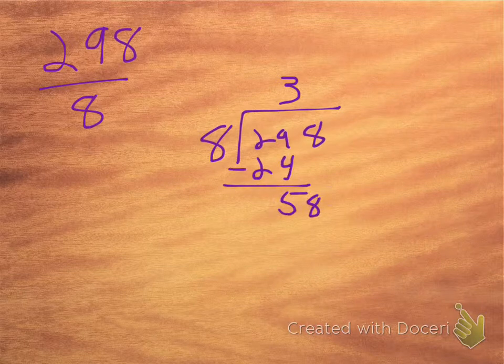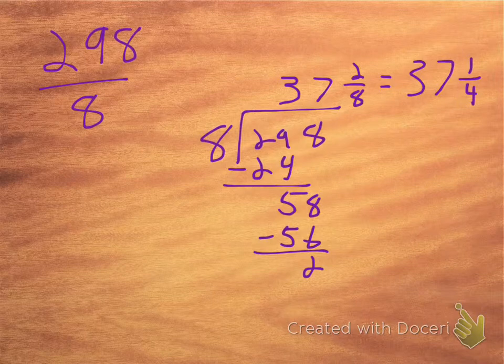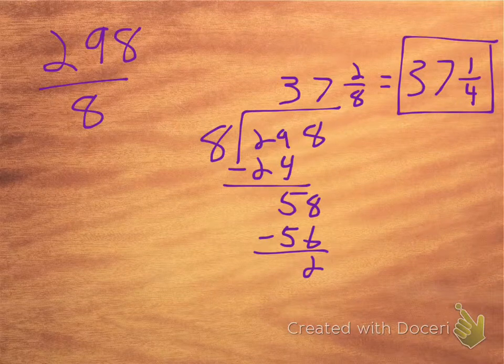How many times does 8 go into 58? 7. And what's left over? 2. So you got 37 and 2/8, which is the same as 37 and 1/4. There you go. That's number 1. Probably the most difficult problem.